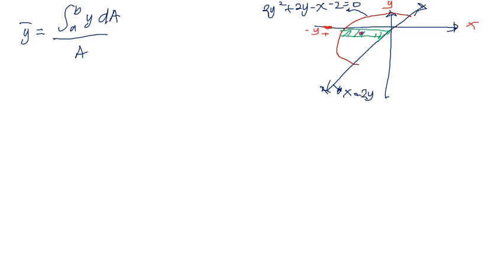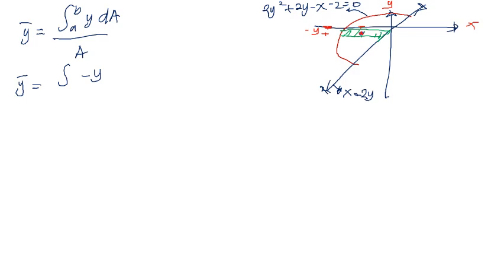So from this point to this point here is negative y. With that, we could solve for the y bar. Y bar is equal to the integration of your y, which is, let's assume that it is negative y because it's located below, or the third quadrant, where both x and y values are negative.